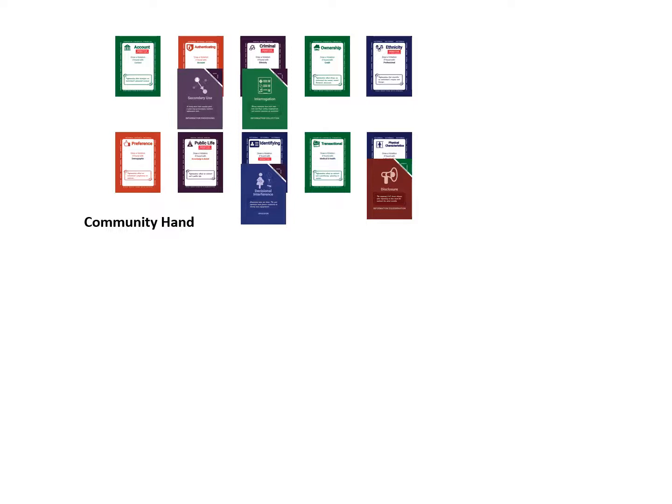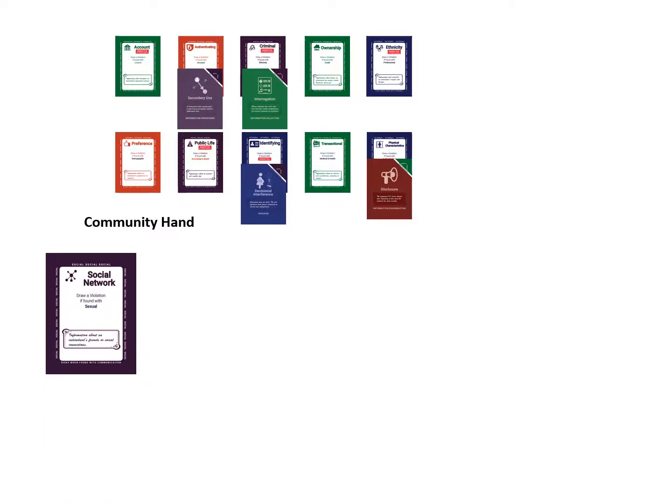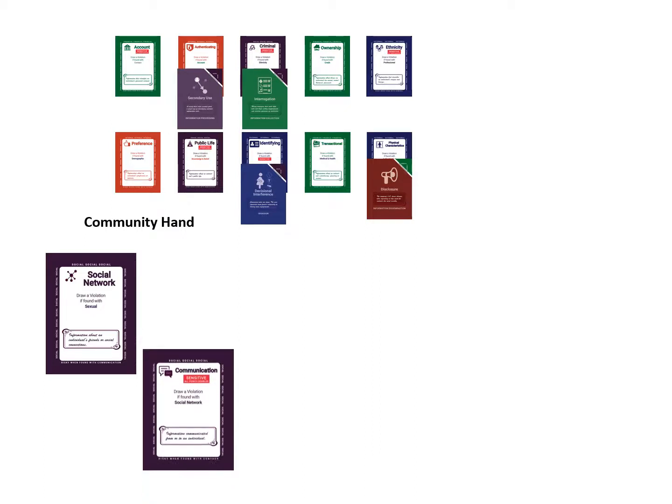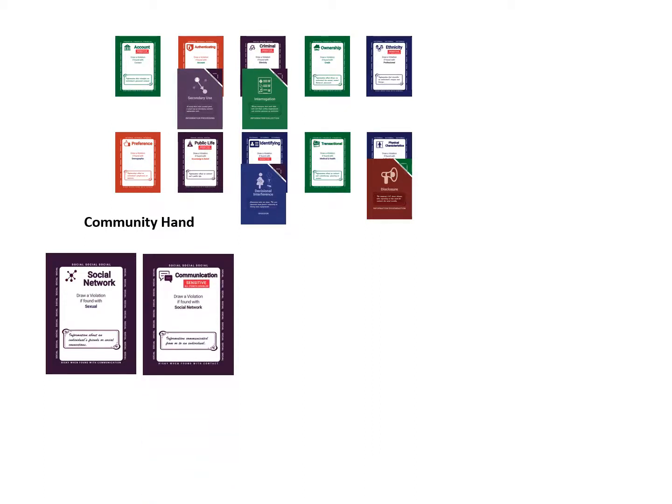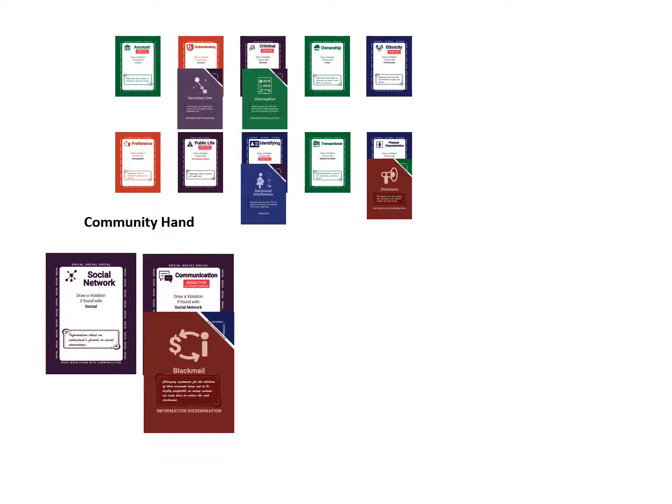Now that we've dealt the community hand, it's time to deal player one's hand. The first card is social network, which is risky with sexual information, which we don't have. Our second card is communication information, which is risky when found with social network, which we do have in player one's hand. So we'll have to draw a violation and associate it with communication information.